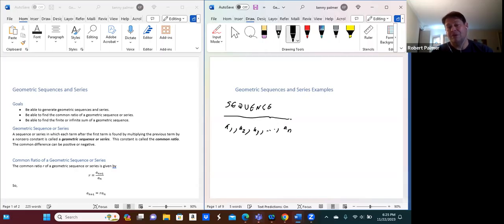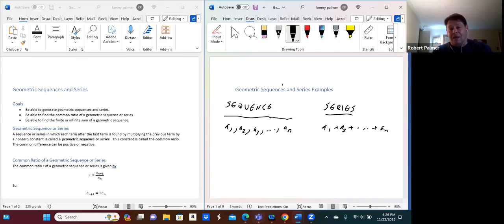That's a sequence, just a list of numbers, and there's usually some relationship between them, some way to generate A2 from A1, A3 from A2, and so forth. Then a series is where we take these individual numbers, the elements of the series, and add them together: A1 plus A2 plus dot, dot, dot, all the way up to AN. That's the difference, since in a series we're just adding those numbers together.